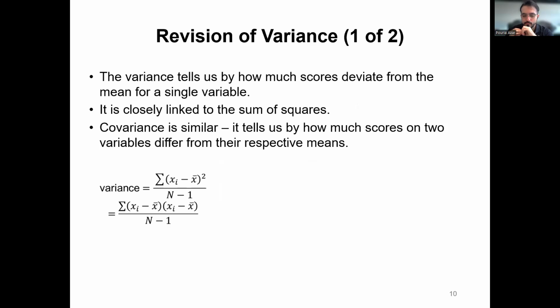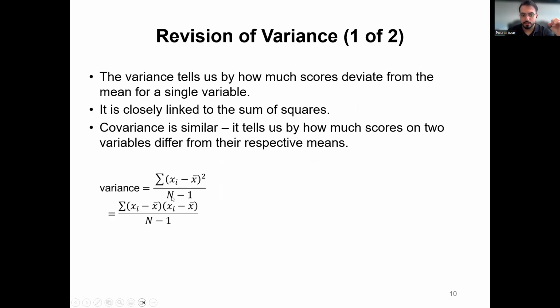But this is a revision of variance. Remember, variance tells us how much scores deviate from the mean for a single variable. That's the concept of variance, and the formula for variance is like this.